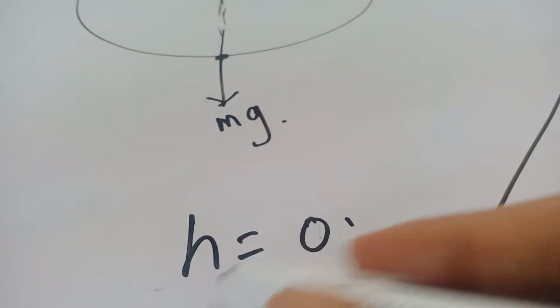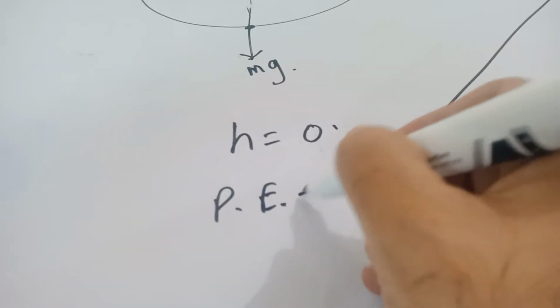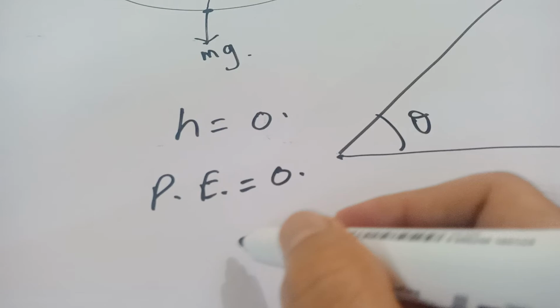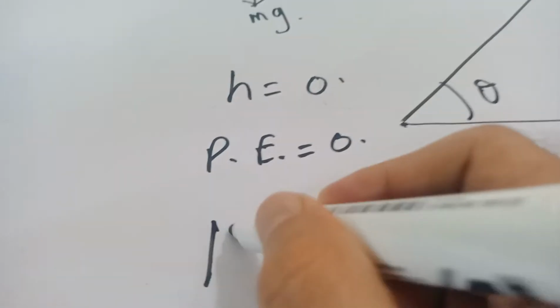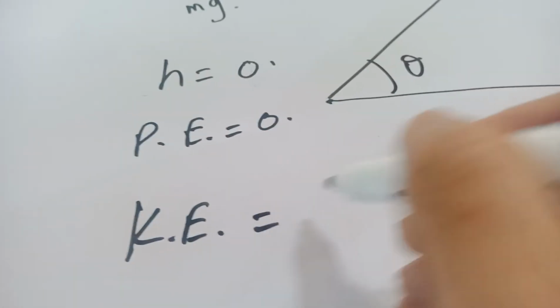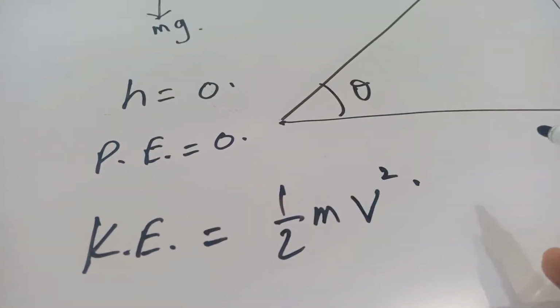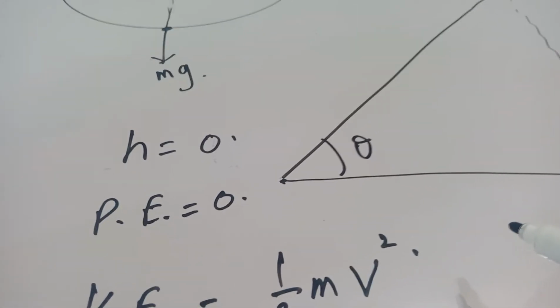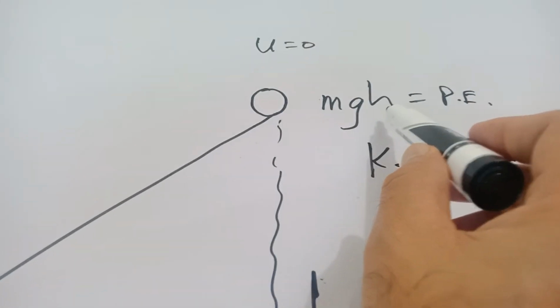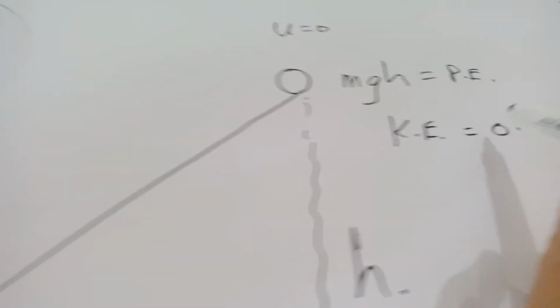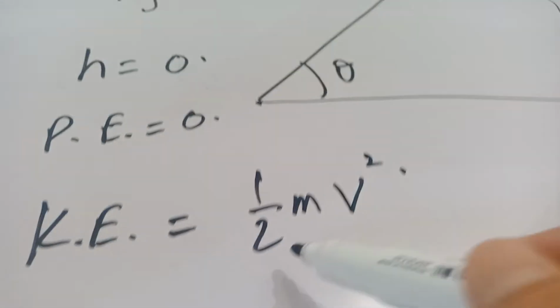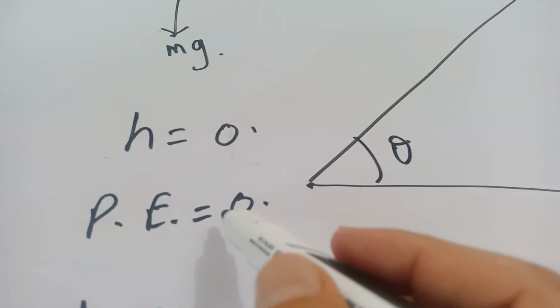So now because of this height 0, its potential energy is going to be 0, and because of its speed v, its kinetic energy is going to be half mv square. Okay, now this mgh plus 0 is going to be the same as this half mv square plus 0.